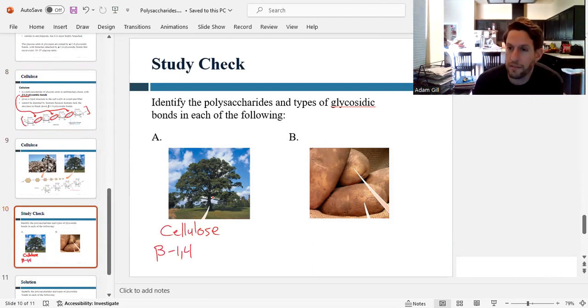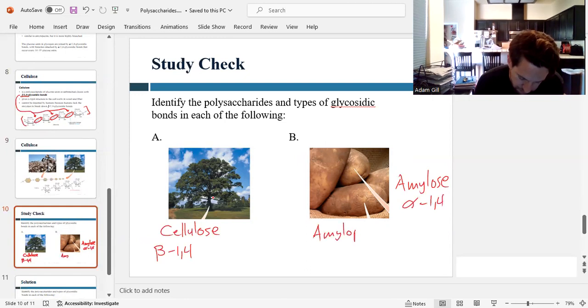Now, potatoes are made of starch, and there's 2 types of starch. We said there was amylose, which was alpha 1,4, and then there was amylopectin, which is alpha 1,4, and the branches of alpha 1,6.